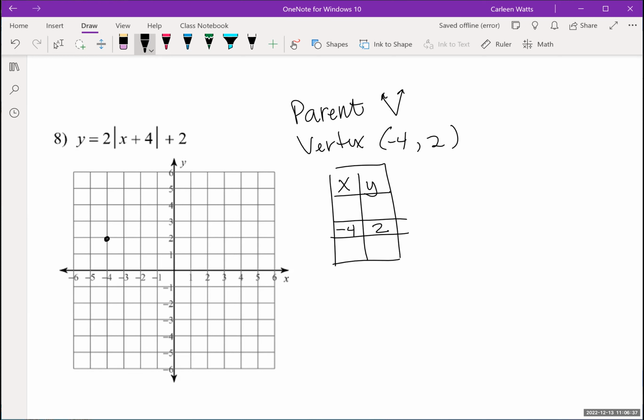To the left of -4 is -5, to the right is -3. Either way. Okay, let's plug in -5.